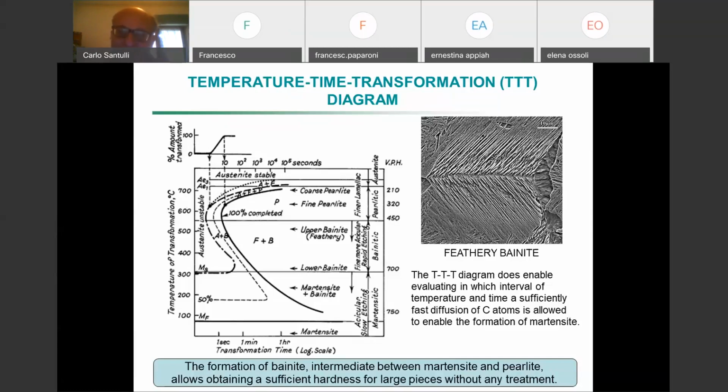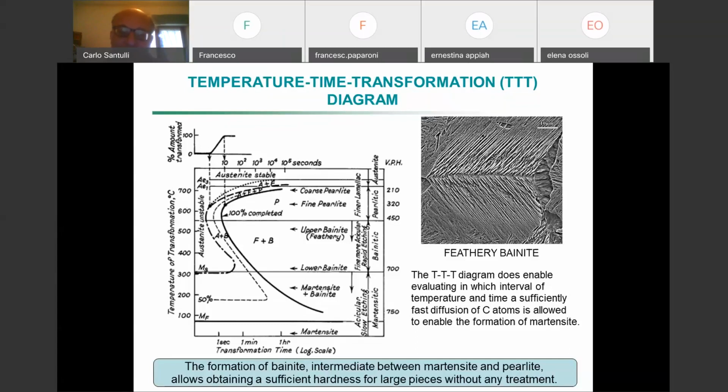But it cuts. With bainite, you would not have the possibility to cut, but you may create large pieces which have a sufficient hardness. Of course, if you go up to perlite, you go into a region of kind of ceramic.